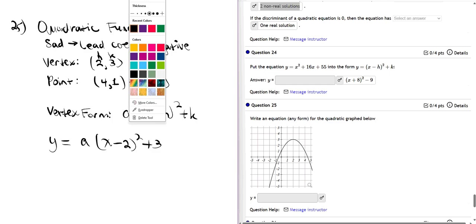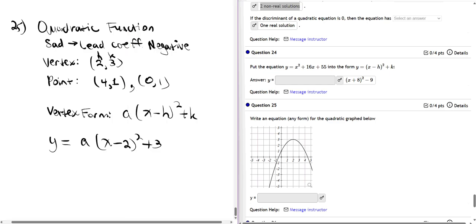Then I can take one of my ordered pairs, which I might as well take the y-intercept since it's convenient to do so. I'm going to put 0 in for x and 1 in for y. So then I'll have 1 equals a times -2 quantity squared plus 3, which simplifies to 4a plus 3. Then I can solve for a.